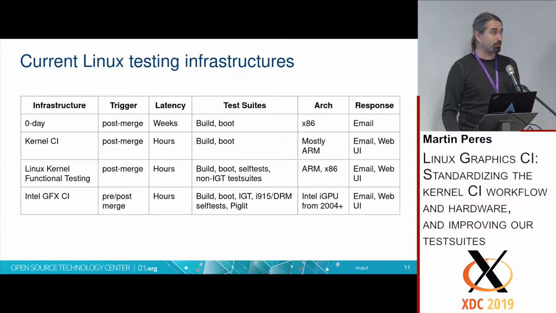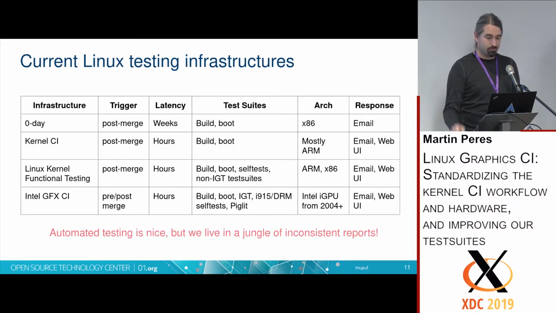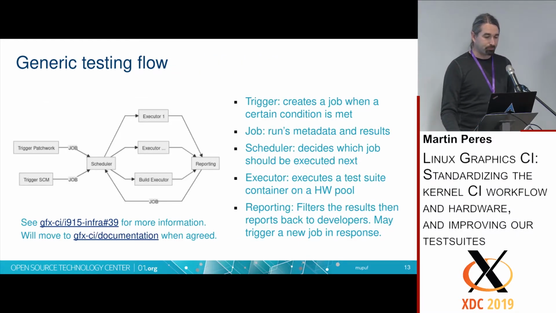The architecture of the machines where the run is made is also different. And to make it worse, the results are coming in email or in web UIs that are all different. So automated testing is nice, but the jungle of inconsistent reports is making it difficult for people to collaborate, and this is problematic.